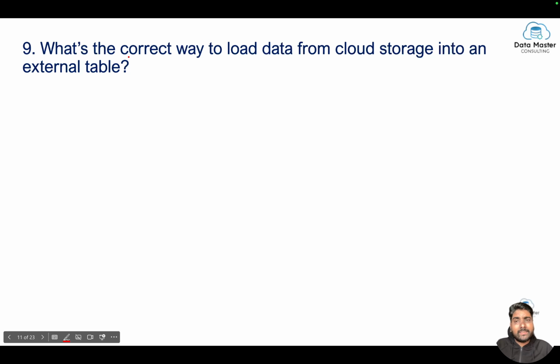What's the correct way to load the data from cloud storage into the external table? Just now I mentioned it. Whenever you want to create an external table, there are two tables, managed table and external table. In your SQL queries, whenever you are creating a table, we use the keyword LOCATION. With this location keyword, you are able to create an external table.